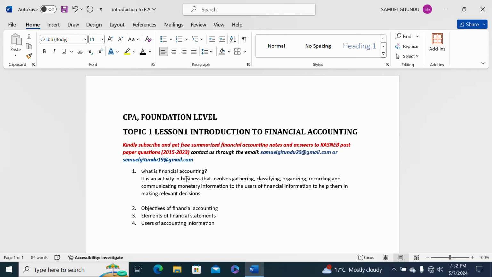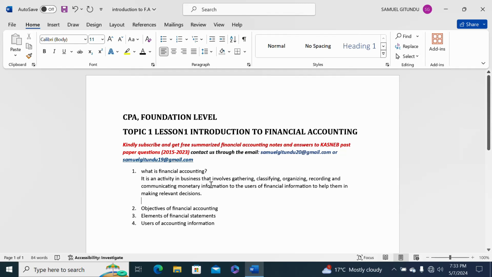And the tool that they use to establish whether they are making profit is keeping financial records, because the financial records will tell them how much they have sold, the amount of the expenses they have incurred, and the amount of profit they have made.